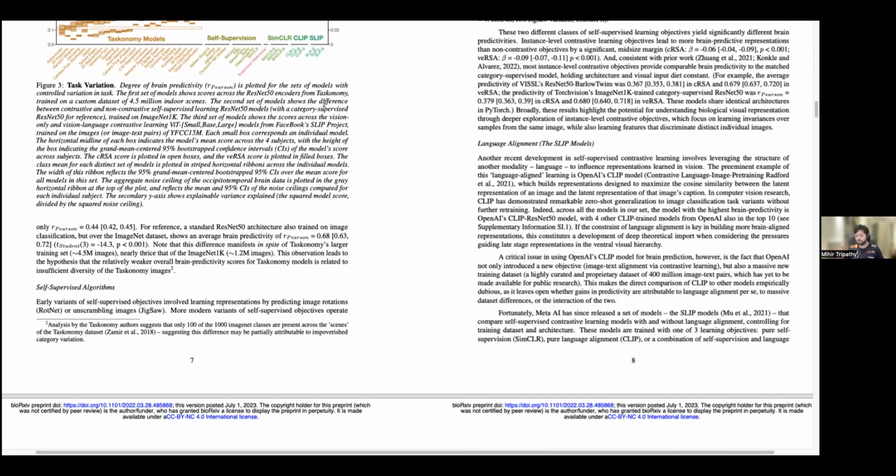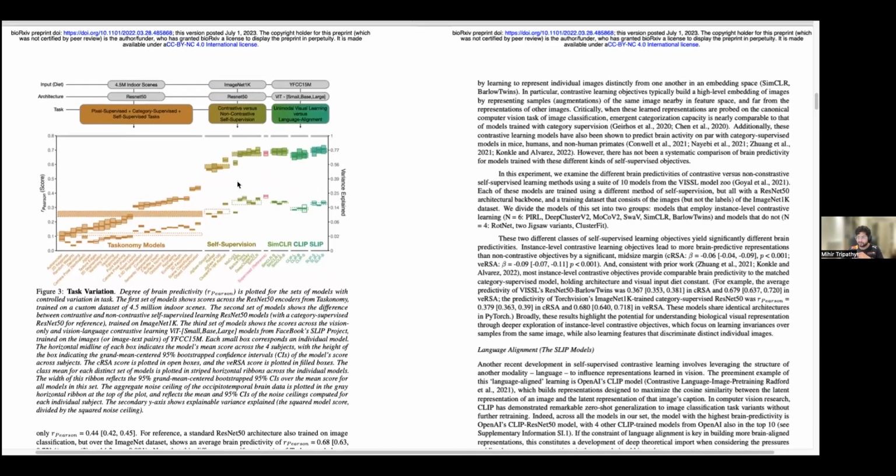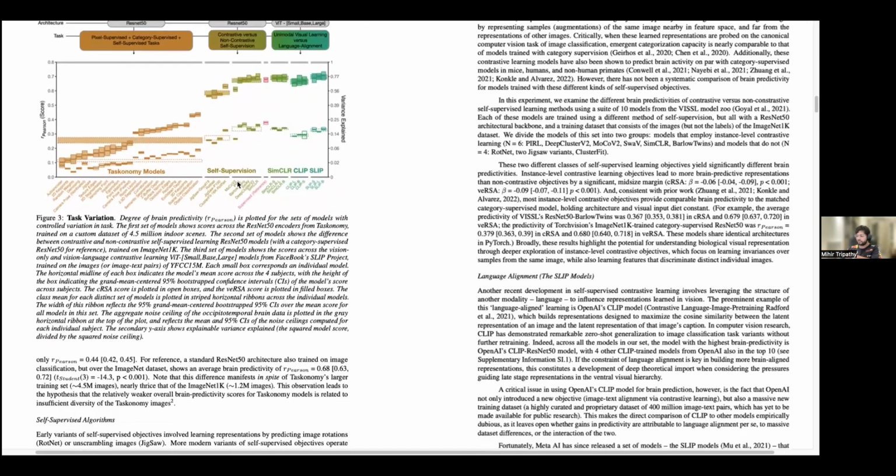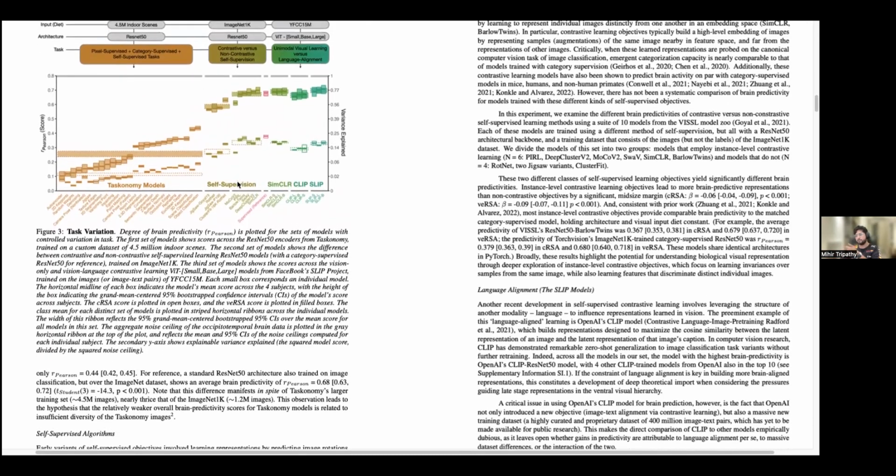But when compared to the language alignment of the CLIP model released by Meta, it is not actually so. One interesting observation here is that the Meta CLIP model, which has a language alignment, has a slight negative correlation between the brain activity and the language alignment.